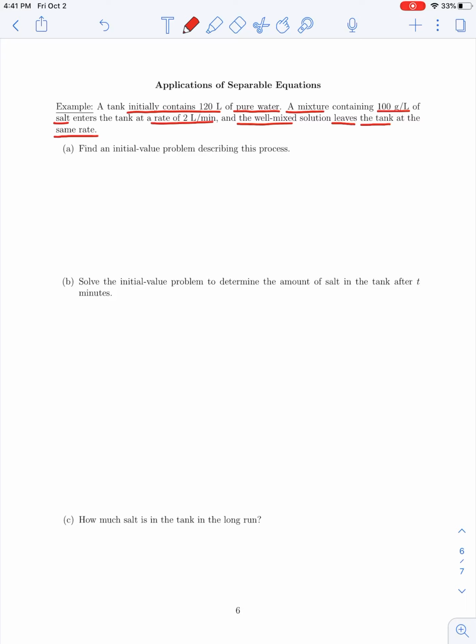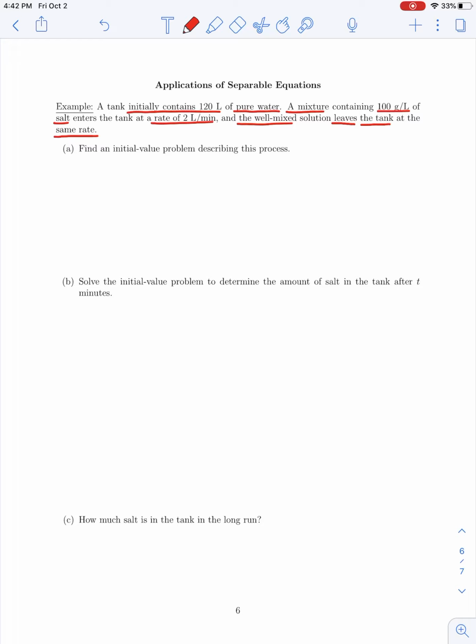So a question of interest here would be, well, how much salt is in this tank at any given time, or what would the concentration of salt in the tank be at any given time? So all that we have in the problem statement is information about how rapidly solution is being poured into the tank, or how rapidly it's leaving our tank, along with the concentration of salt in this solution that's being poured into our tank.